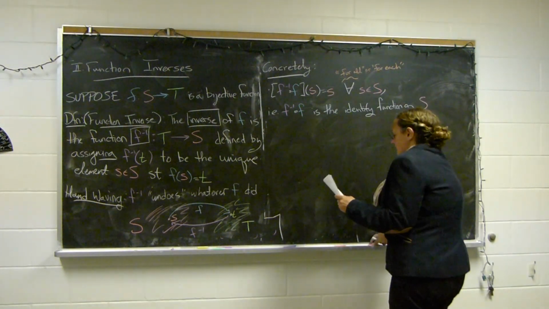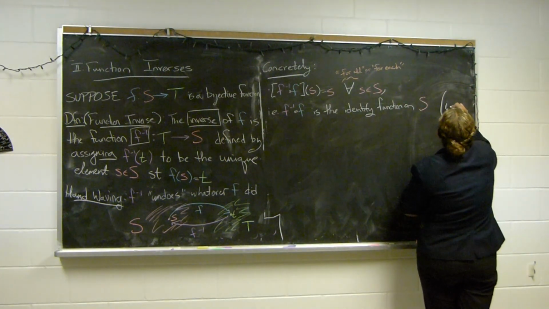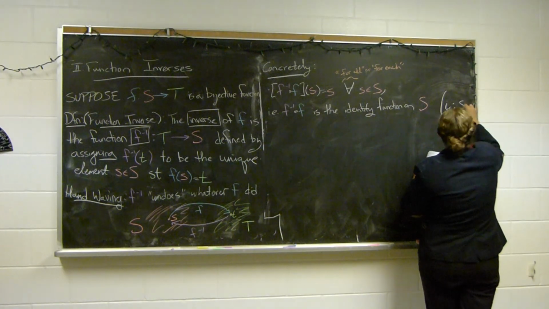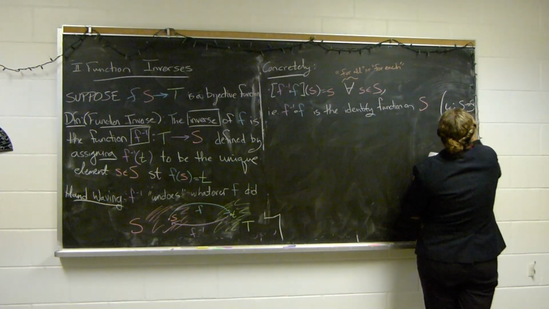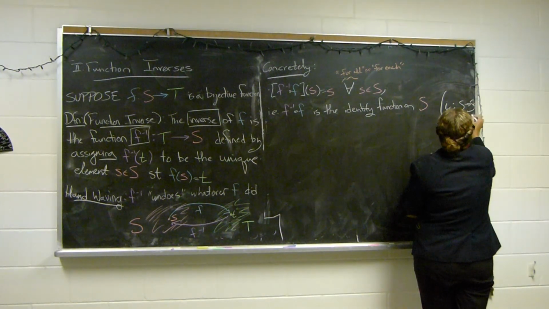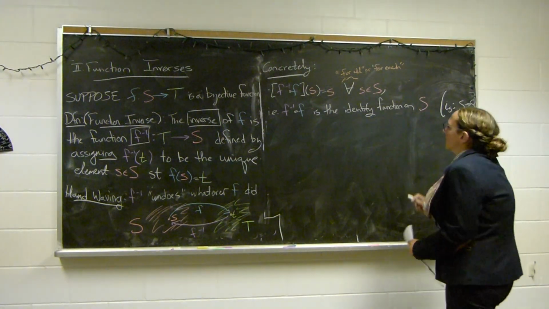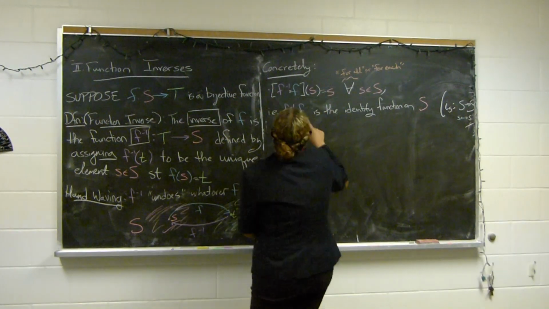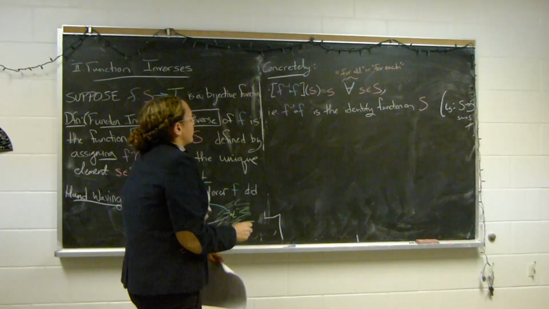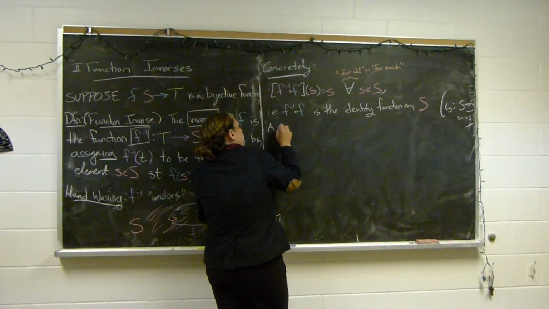So it's the identity function on S, right? So it's a function that's defined to go from S to S, and what does it do? It always takes an element to itself. Okay. Great. So this has to be true, right? And the undoing has to happen, right?